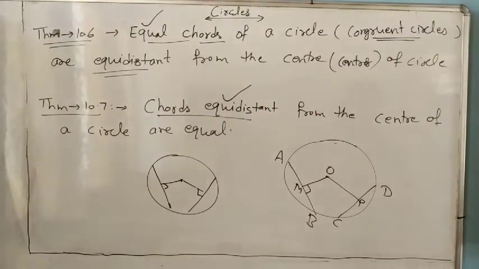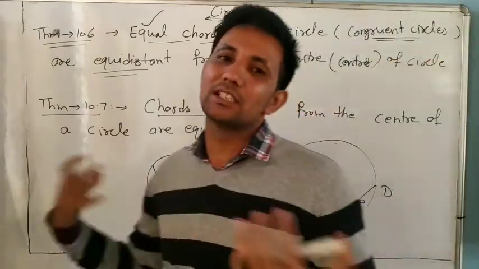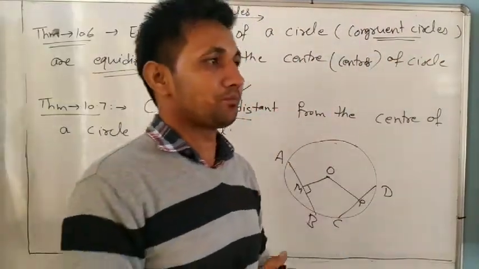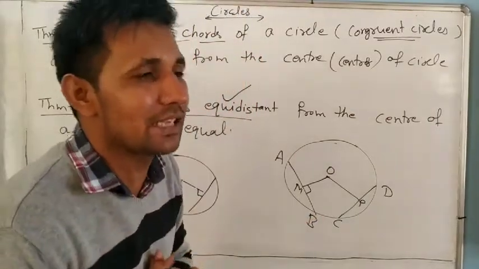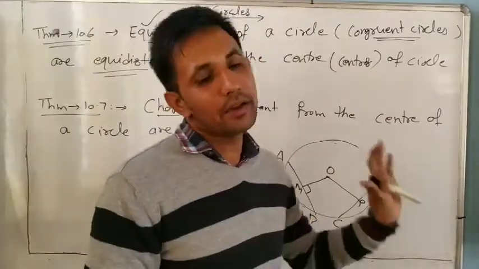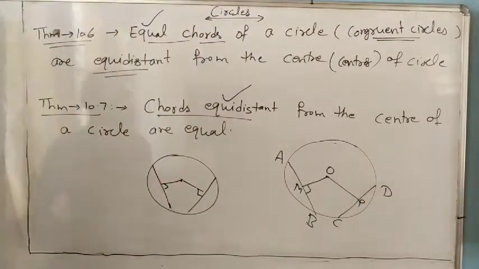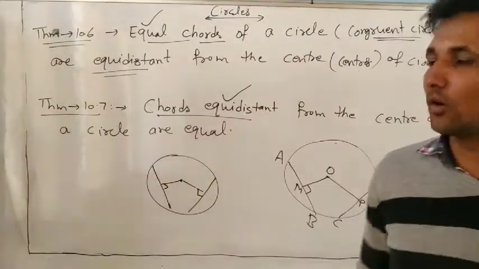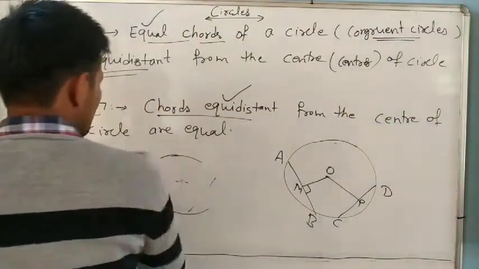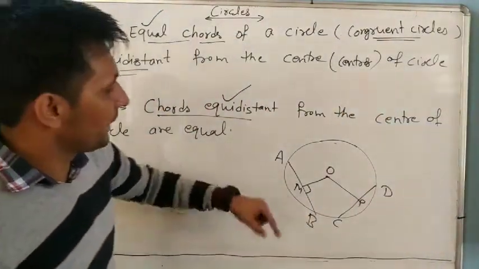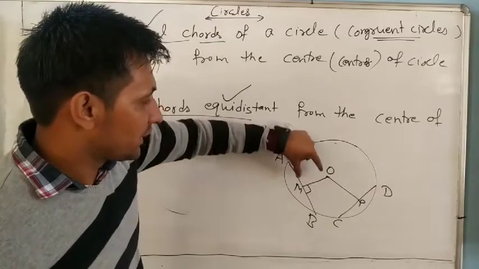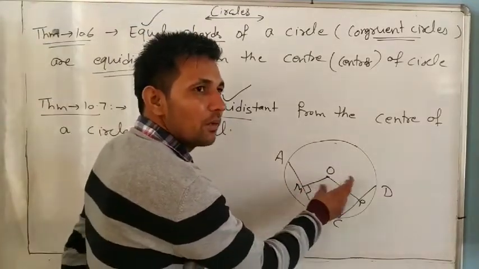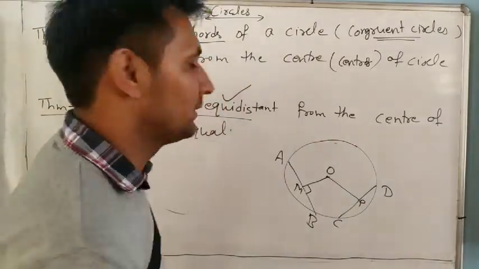Understand? Very simple. If chords are equal, the distances from the center are equal. And if the distance from the center is equal, then the chords are equal. Understand it? All theorems are the opposite of each other, mostly in circles. So if the distance from the center to a chord is equal, it means the chords are equal. Understand?